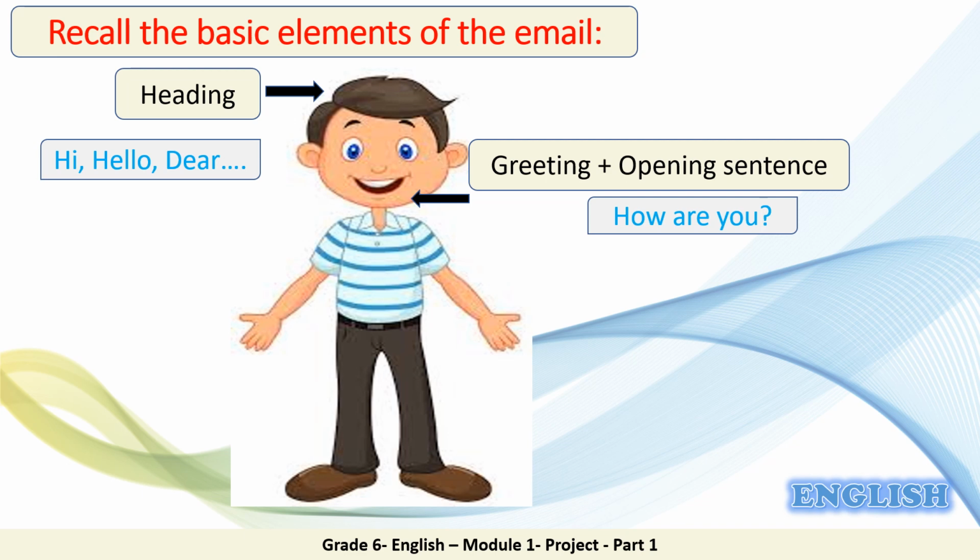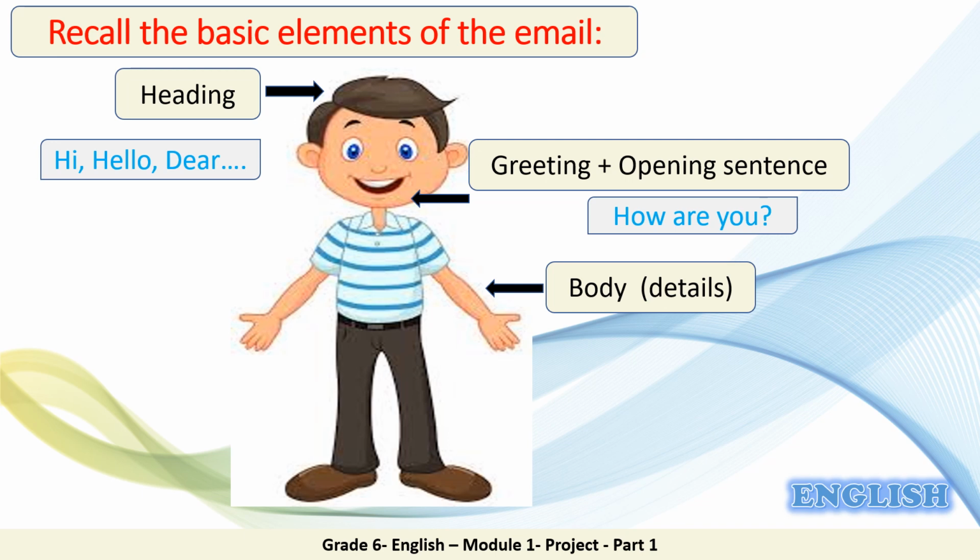Okay, now the third part or element in our email is the body or the details. Now this part is very, very important because this is the part where you discuss the topic of the email in details.